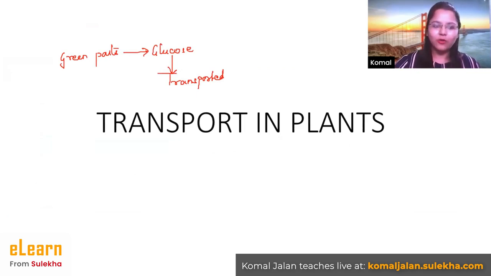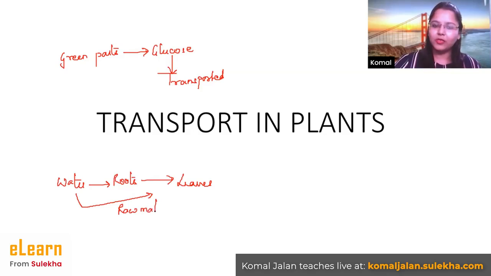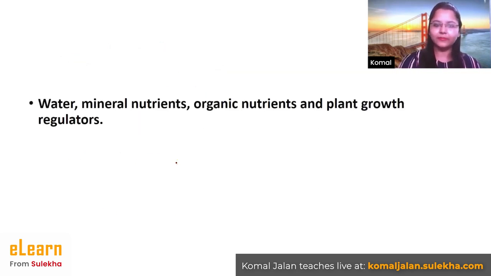Also, we need to know that the water which is absorbed by the roots is transported to the kitchen of the plant, that is, the leaves. This water, which is used as the raw material in photosynthesis, how is it transferred from the soil, to the root, to the leaves? This is our topic of today's discussion. So let's begin.